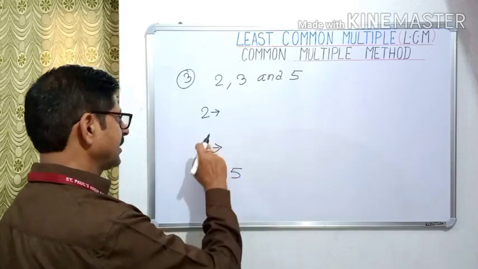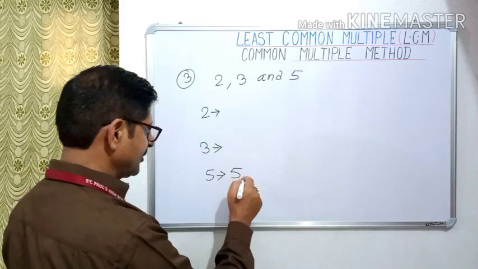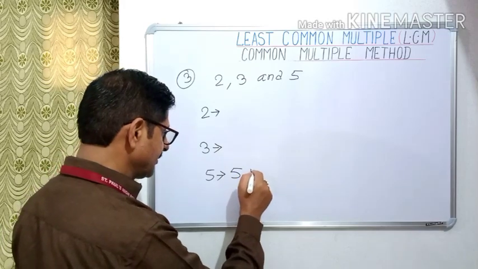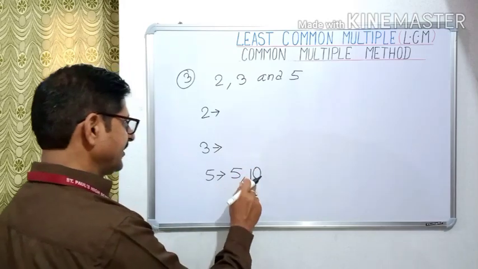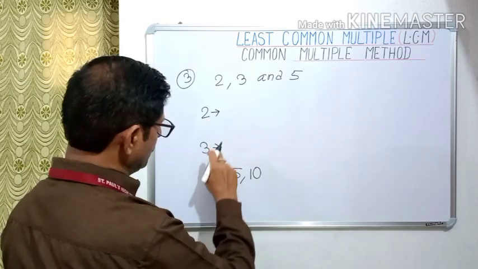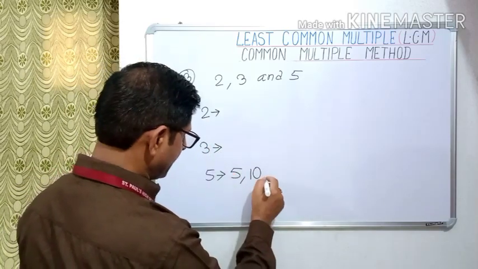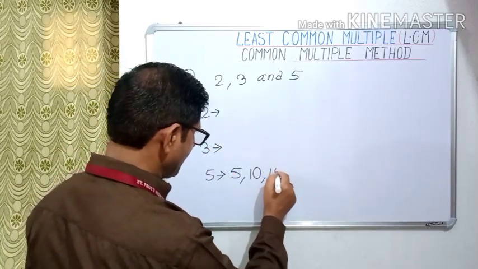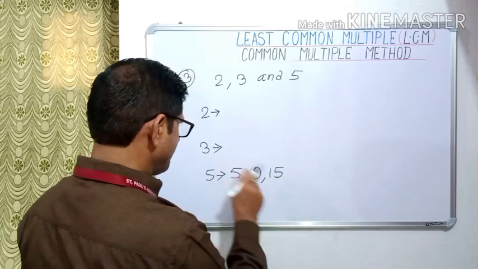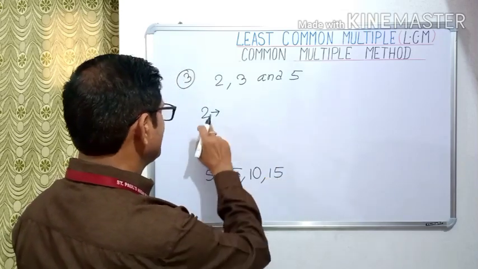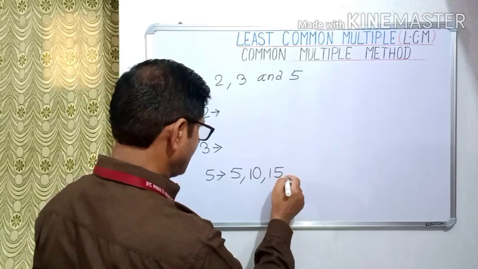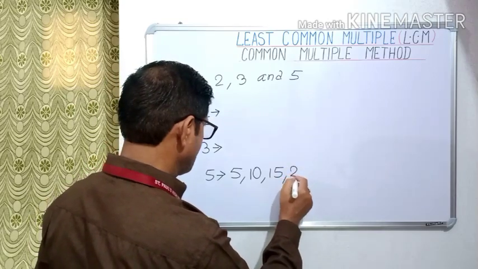5 is not divisible by 2 or 3. So next multiple of 5 is 10. 5 2s are 10. This 10 is divisible by 2 but not by 3. Go for the next multiple of 5. 15. 15 is divisible by 3 but not by 2. Next 20.